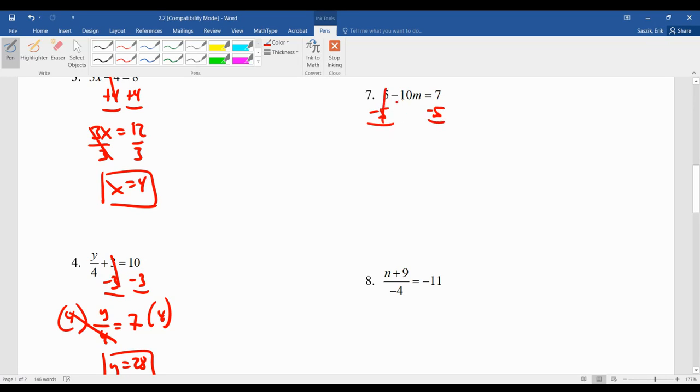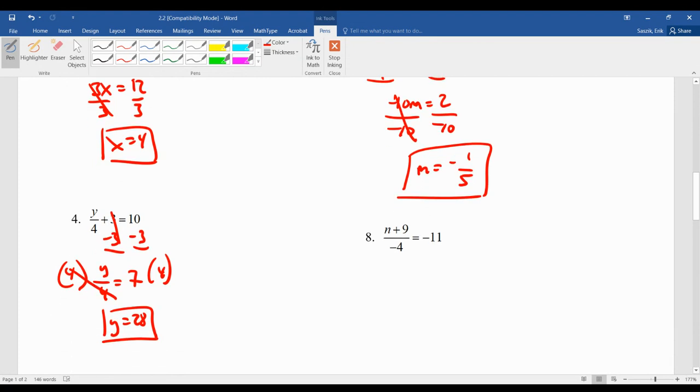Bring this down. Remember, there's a negative sign there. Negative 10m equals 2. Divide by negative 10. This doesn't divide evenly, so it's a fraction that reduces to negative 1/5.